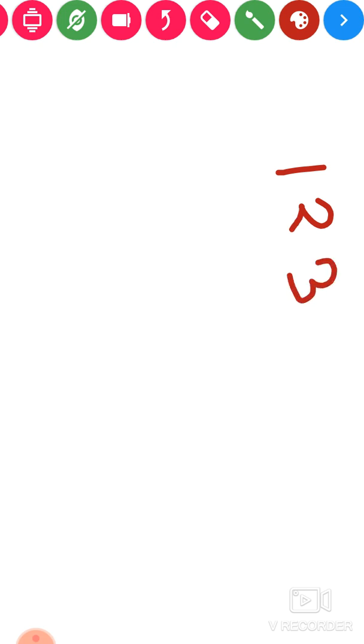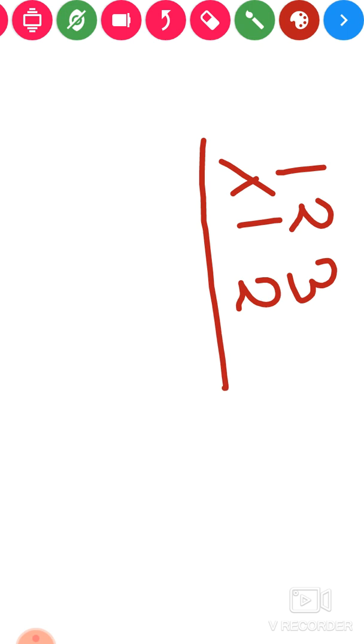Now we are moving toward 3-digit multiplication. Here we are going to do 3-digit multiplication. 123, multiply this number with 12. This is a very easy question. Solve this question yourself.